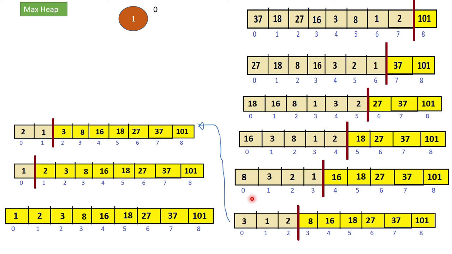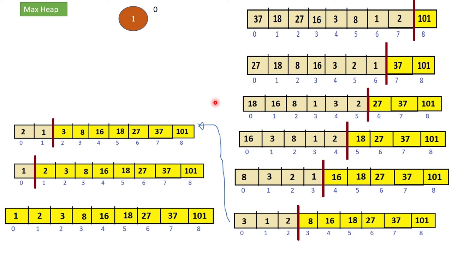And then 3 also I am removing and placing here, then 2, then 1. So this is the way we have to first build a heap, then delete the root node and place it in the behind. That way we can do a heap sort.